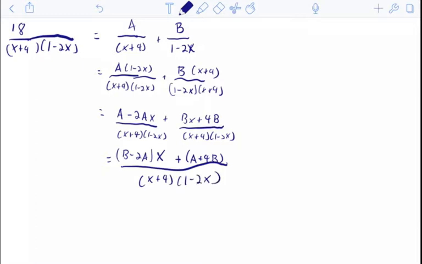So now I'm going to compare. This one has to equal 18. A plus 4b has to add together to be 18. What about this term here?